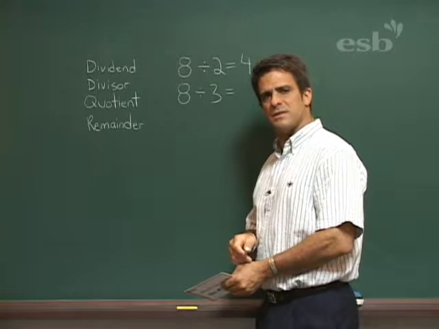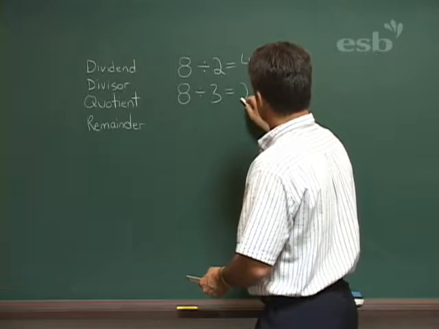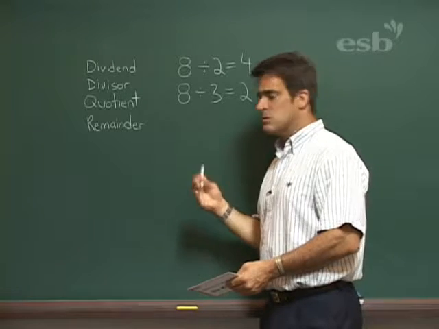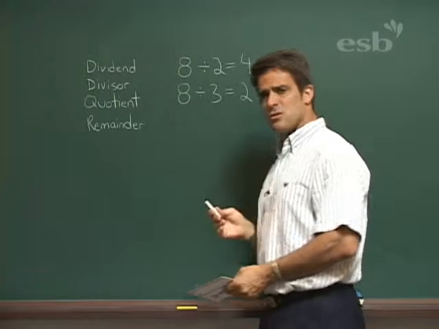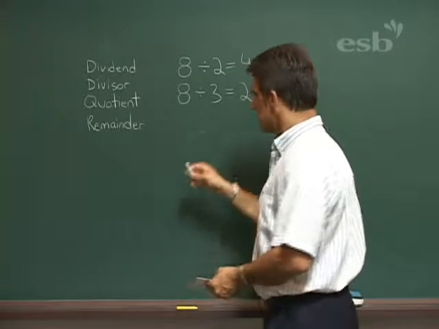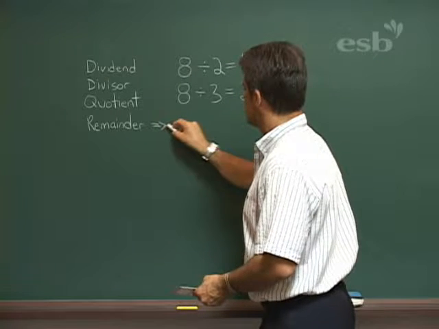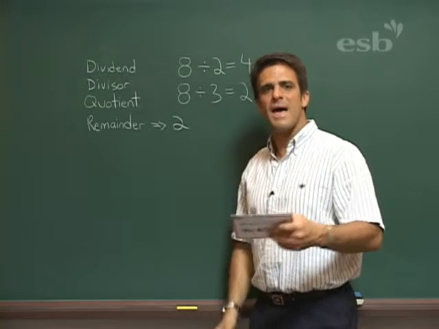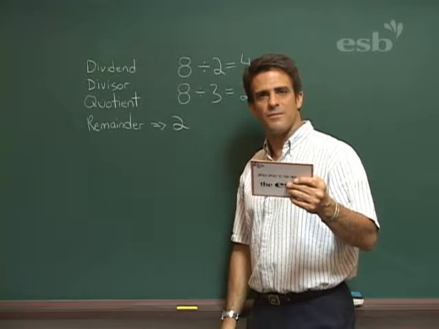It's a little bit different, isn't it? Well, there's 2. 8 divided by 3 equals 2, except there's 2 more left over. Aha! That's what we call the remainder.